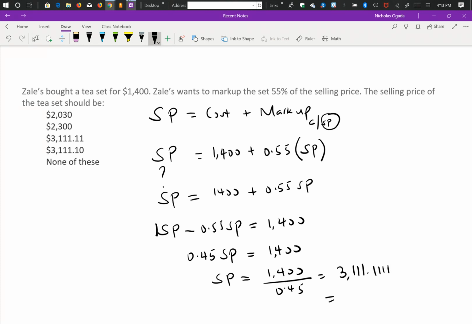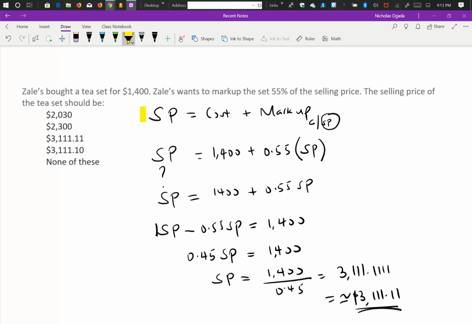So we're talking about a value of close to 3,111.11 in terms of what the selling price should be. Again, you can see you have an option there to 2 decimal places. You have an answer there showing 3,111.